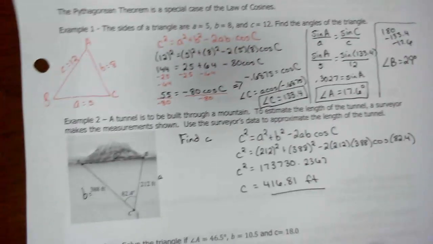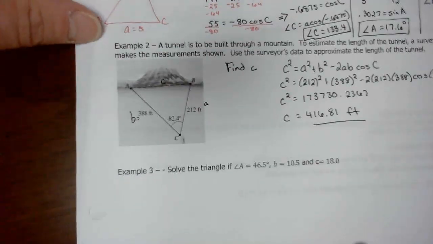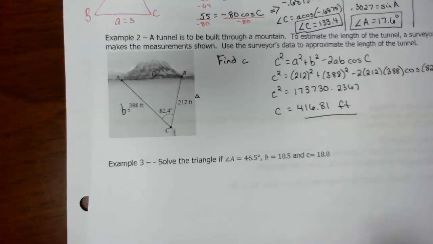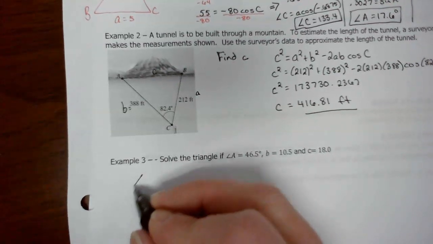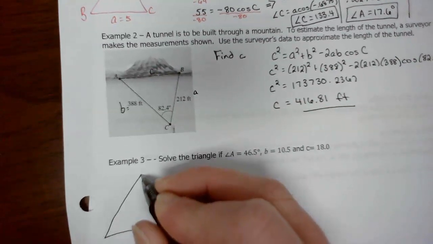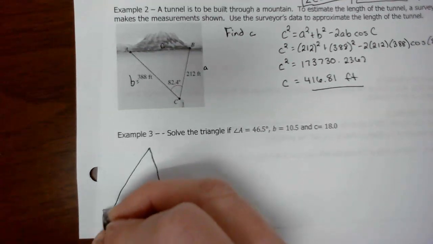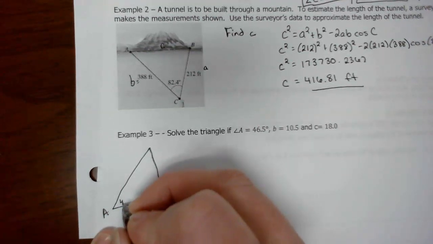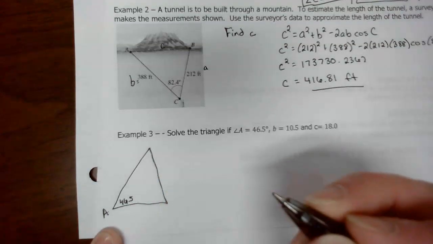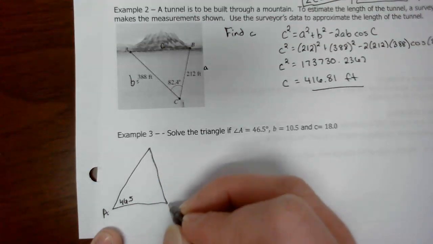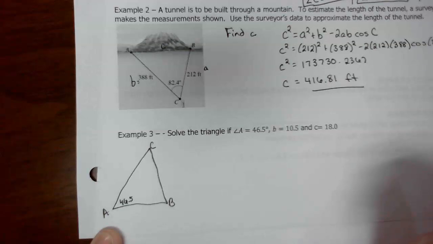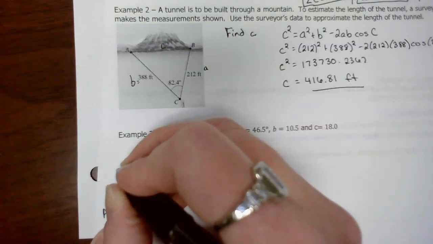Example 3, and I didn't give a lot of room there, but we can do it. So we've got a triangle. I know angle A. I know, let's see, big C. I know little b.